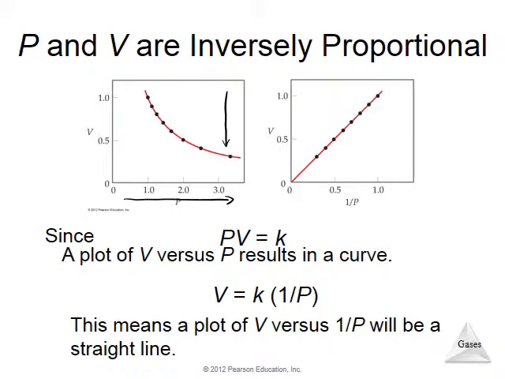Well, if you look at the plot on the right, it's still a plot of volume and pressure, but this time our x-axis is the inverse of the pressure. And what you see then is as the inverse of the pressure is increasing, the volume is also increasing. And this time it is a linear relationship, okay?